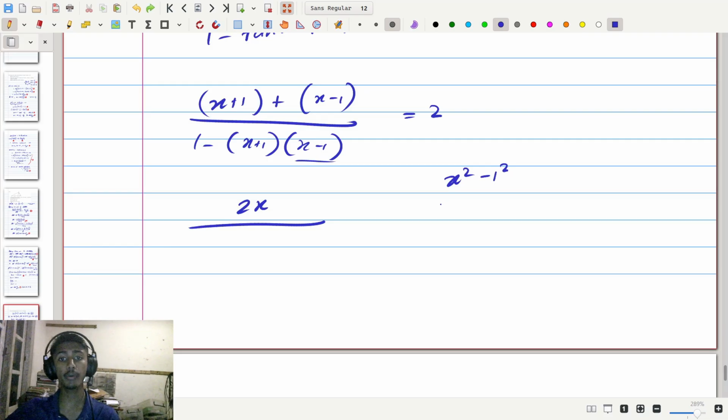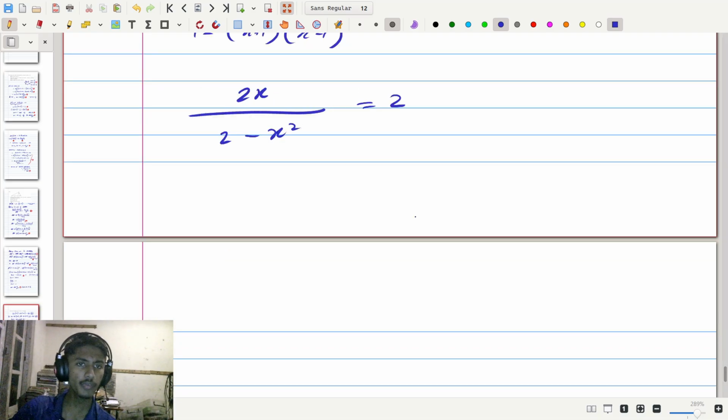So we have 1 minus x squared minus 1. We simplify, the minus and minus cancel, leaving us with 1 minus x squared plus 1, which turns into 2 minus x squared. Therefore the denominator here is 2 minus x squared.